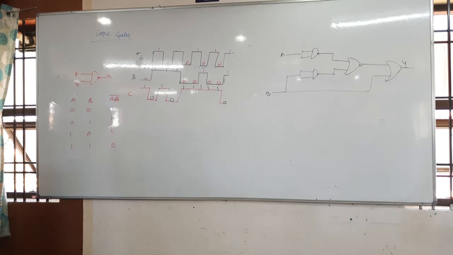You got the Boolean expression for that. Solve slowly. What is the answer you got? B. Only B is the answer. Yes. How many of you got that B? 1 2 3 4 5.